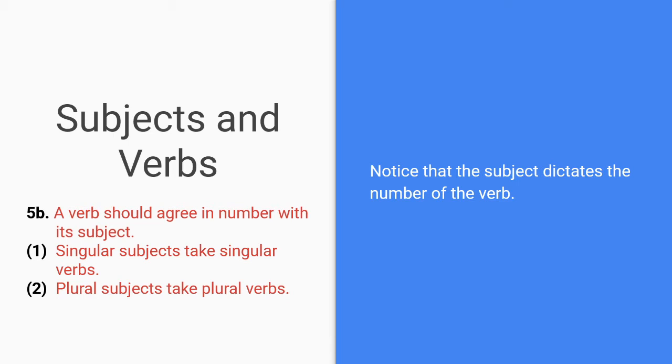Now, what's important here is when you're talking about a sentence, the main idea is the subject. It's usually what is instigating the creation of the sentence. As a result, our subject dictates the verb. It tells us what the number of the verb is going to be based on what its number is. So what does that mean? We have an example.